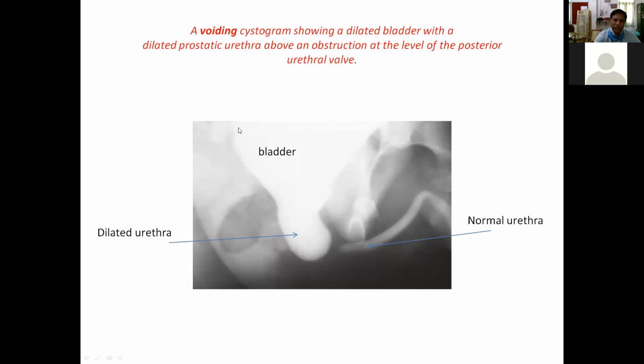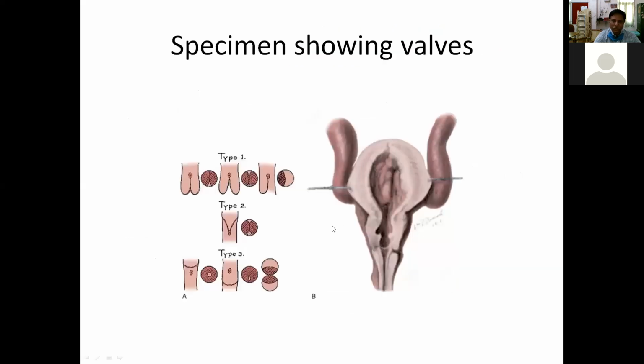You can see the dilated bladder, a very much dilated prostatic urethra, and the normal urethra here. So the problem lies at the junction of the prostatic and the membranous urethra. This is an autopsy specimen of the membranous valves.